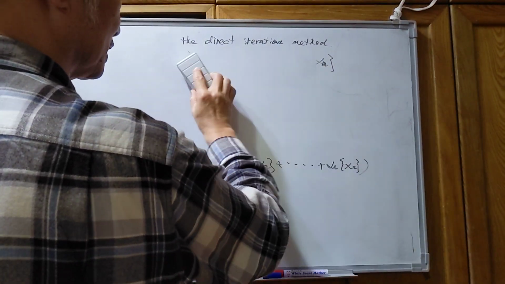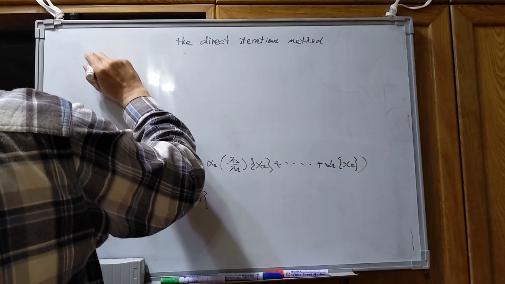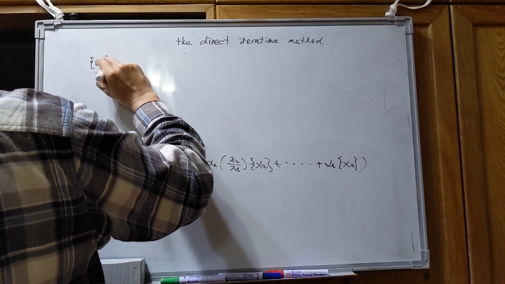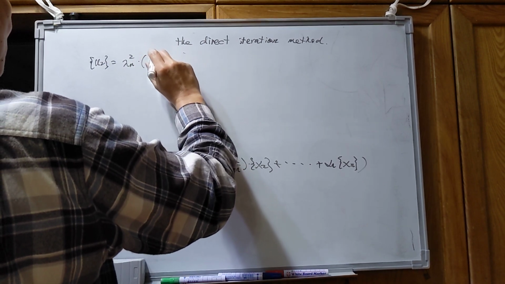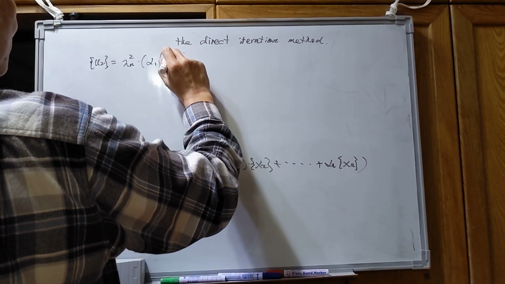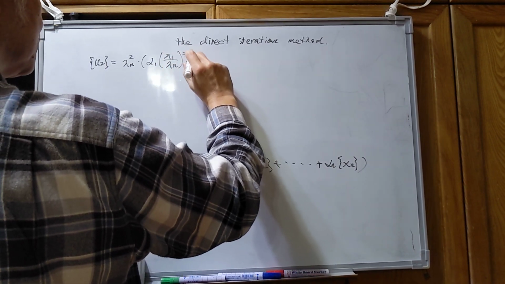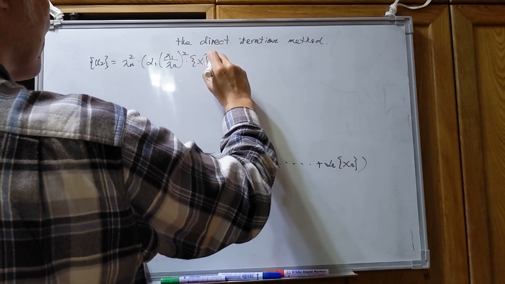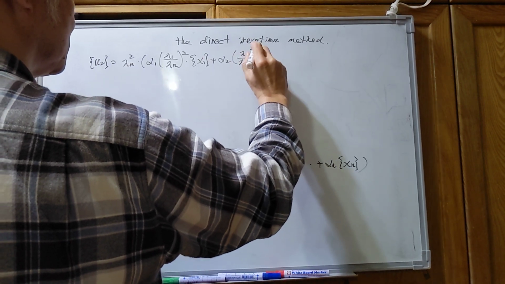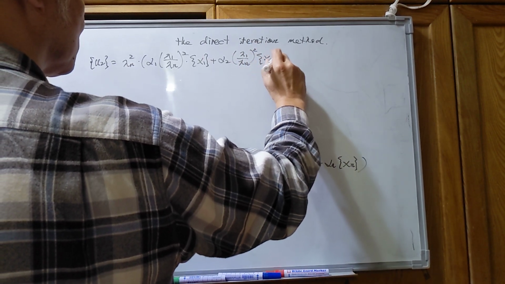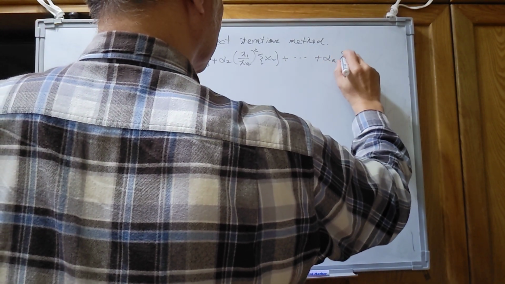What will be the u2 vector? The u2 vector should be equal to the lambda n squared times alpha 1, lambda 1 divided by lambda n squared times x1 plus alpha 2, lambda 1 divided by lambda n squared x2 plus alpha n xn.